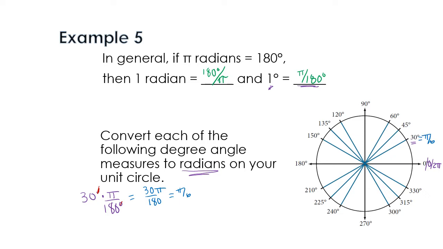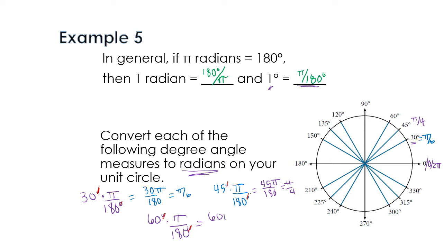If I had to convert 45 degrees to radians, multiply it by pi over 180 degrees so that we can cancel those out. That gives me 45 pi over 180, which ends up being pi over 4. 60 degrees: if I take 60 degrees and multiply it by pi over 180, the degrees cancel and I'm just left with radians.